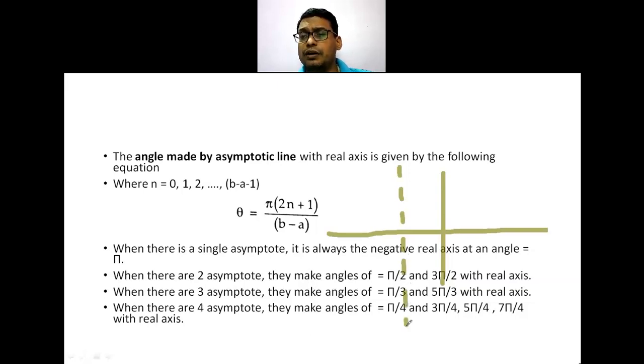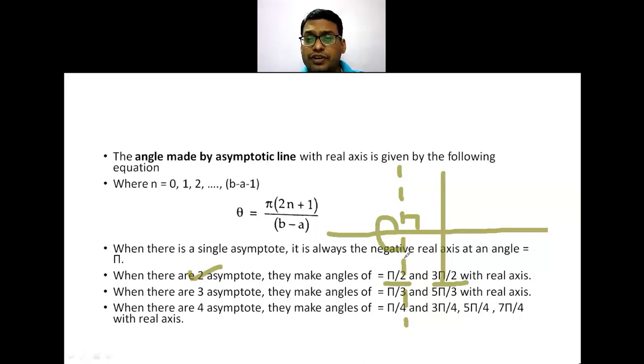In this case, whenever there are two asymptotes, the angle made is pi by 2 and 3 pi by 2. ऊपर का एक asymptote हो गया और नीचे का एक asymptote हो गया. Two asymptotes are there, so the angle made is pi by 2 and 3 pi by 2.